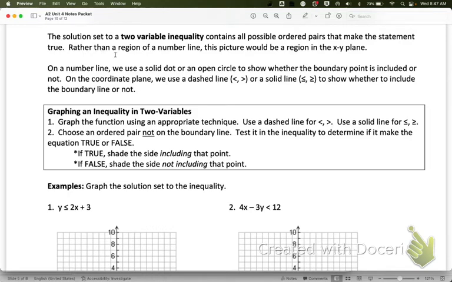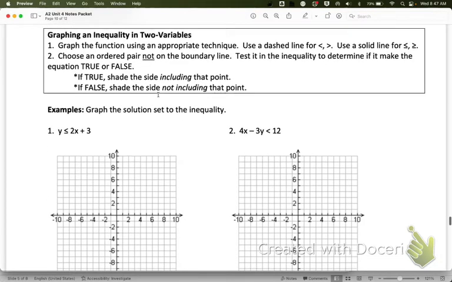So rather than a number line, this is going to be a region in the plane. Similarly, in the number line, we use a solid dot or an open circle to show whether the boundary point is included or not. But in the coordinate plane, since a graph is going to be the boundary, we're either going to use a solid line or a dashed line to show whether we include it or not.